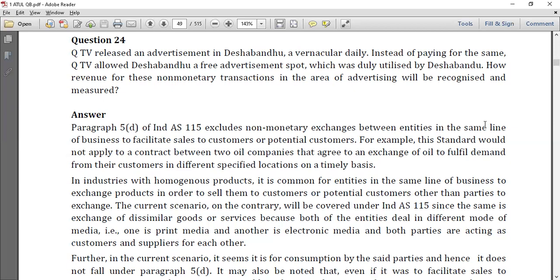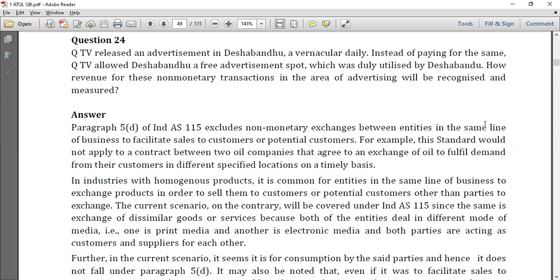For example, this standard will not apply to a contract between two oil companies, which are both oil companies only, to satisfy the demand of the customer. Two oil companies might have agreed to exchange oil to fulfill the demand of customers in different locations on a timely basis.